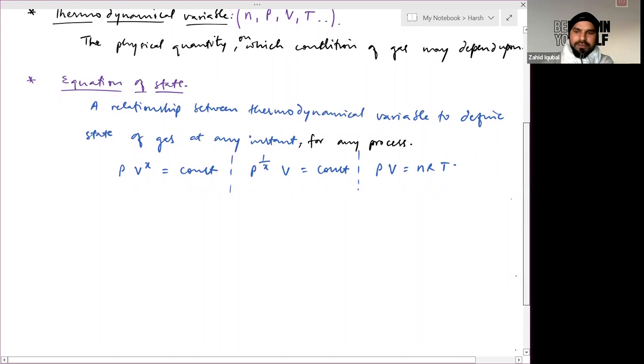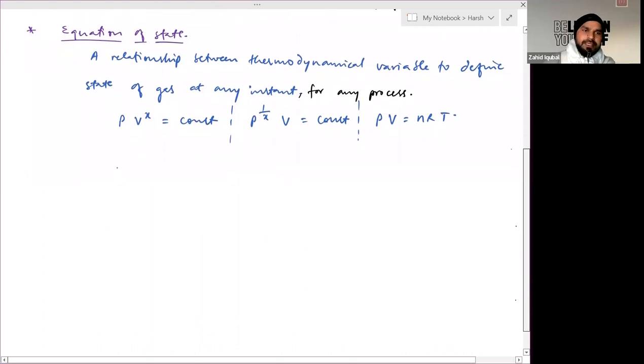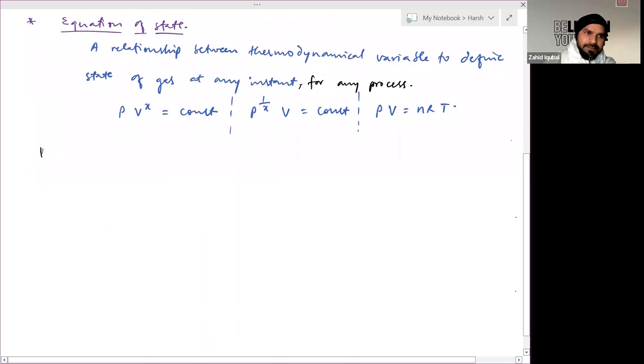Now, on the basis of this equation of state, we may define another term, that is molar specific heat capacity. I had also defined this in the last chapter.